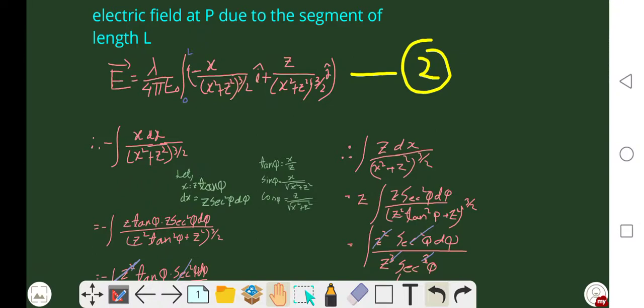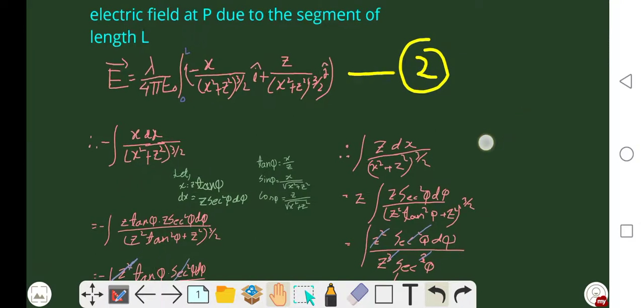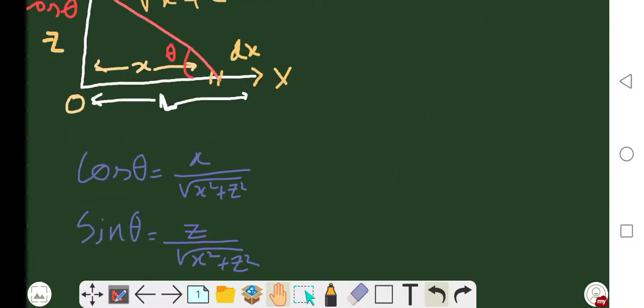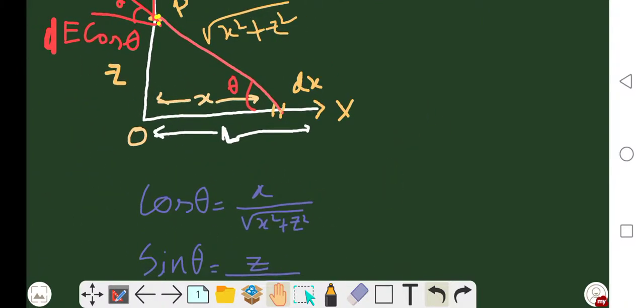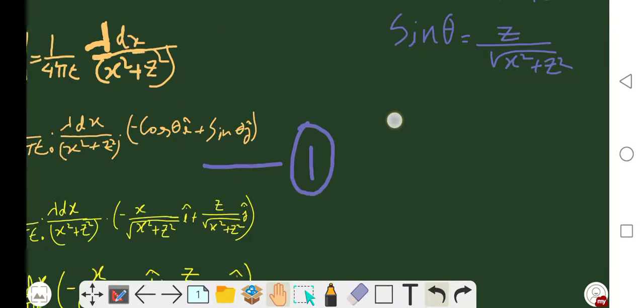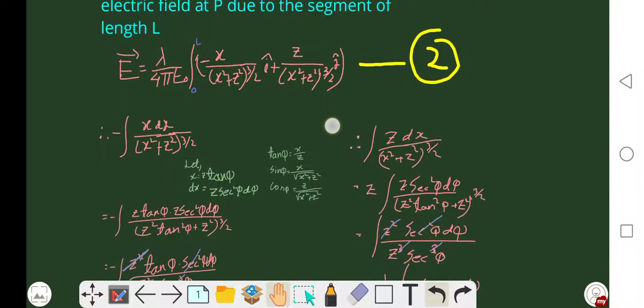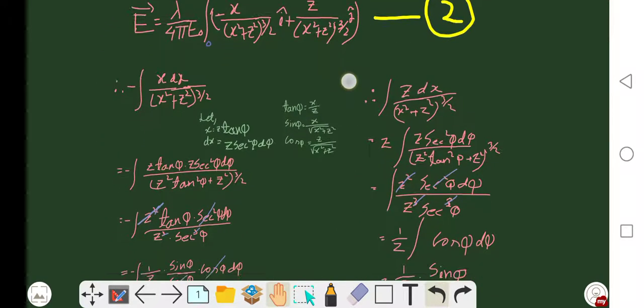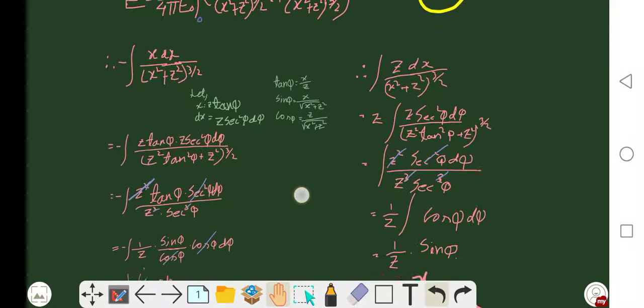Here the limit is 0 to L, because in the picture we can see that it starts from 0 to L, because the length is L according to the question. Now we integrate the part x by (x square plus z square) whole to the power 3 by 2.